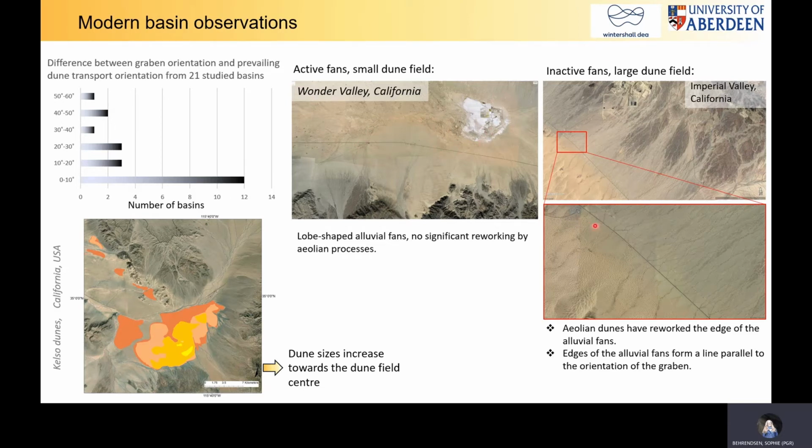And then here in this area, we have a larger supply of aeolian sand, and the bases of the alluvial fans are being reworked by aeolian processes and form a line parallel to the graben orientation as well, or the mountain range orientation.